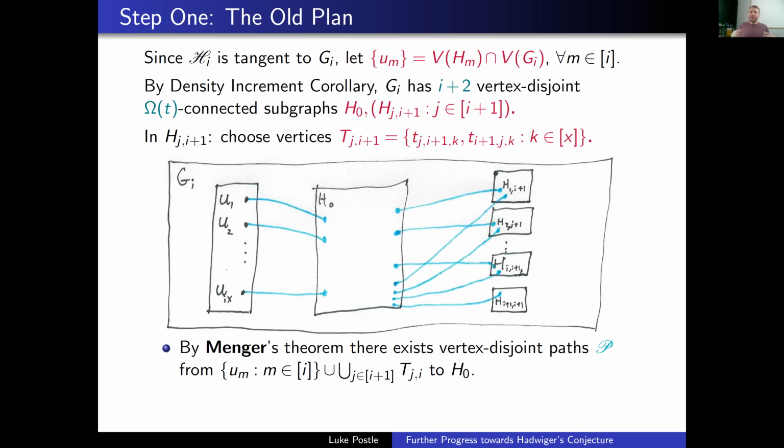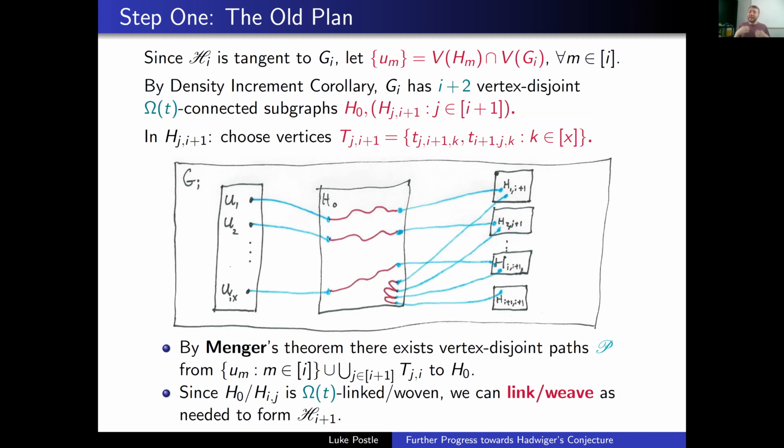And then what we do is, actually here we don't even have to use linkedness, we can just use Menger's theorem to connect up the U's and the T's all to that central hub H0. And again, the picture's a lie. Those paths can go through the other H's and the rest of the graph, but they'll get to H0. So with Menger's theorem, we connect everything centrally to the hub, and then it's the old plan.